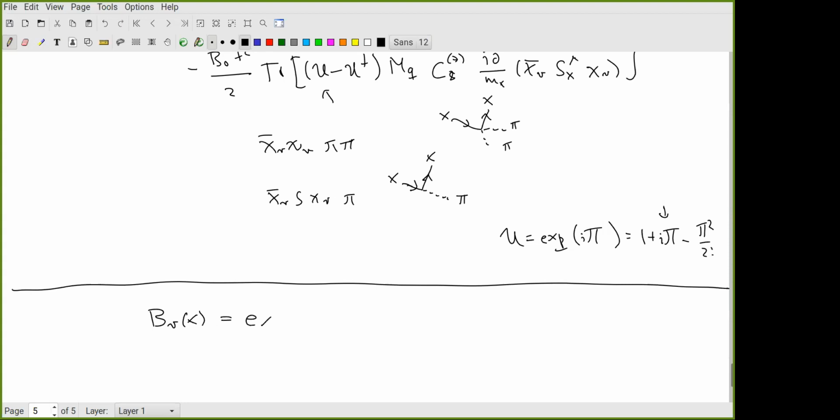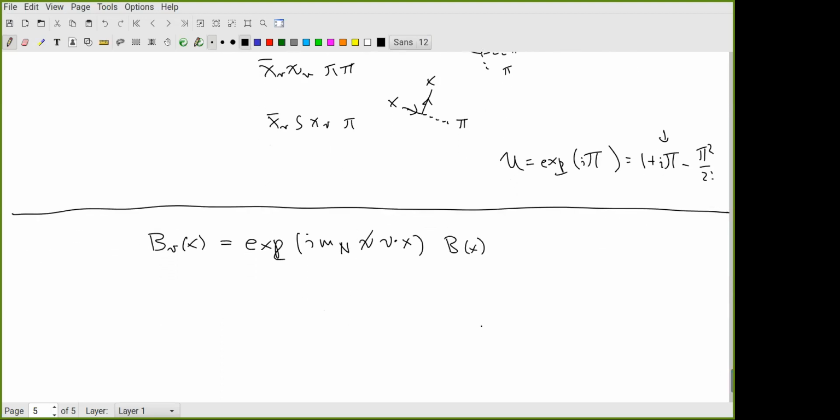And this is defined, and I'm just writing the results, as exponential of i m_N v slash v·x times B(x), where this is the relativistic nucleon field, and this exponential factor, again, just scales the mass out of the momentum, and it projects onto the particle fields as opposed to antiparticle fields.